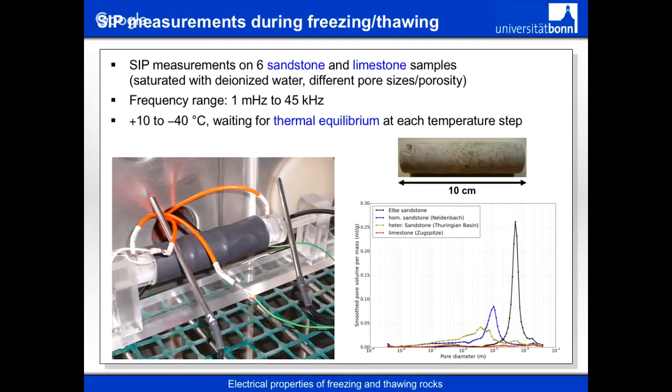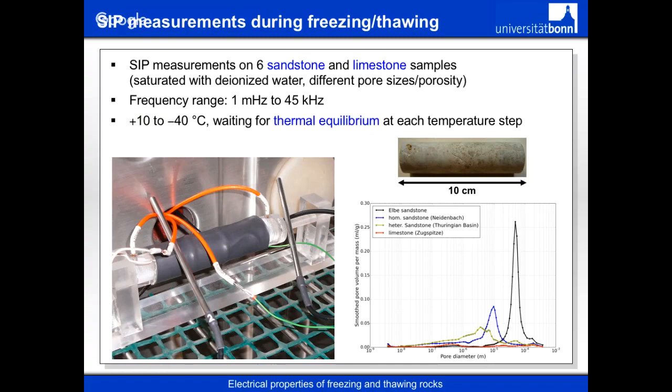And just to start with, and that's now the final slide, we first looked at the response in the lab, with lab measurements in this frequency range using a standard 4 electrode setup with cylindrically shaped current electrodes, and used sandstones and actually 1 limestone. So really these rock samples with different pore size distributions.